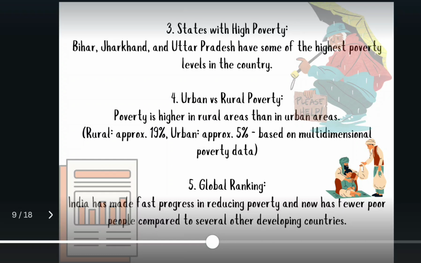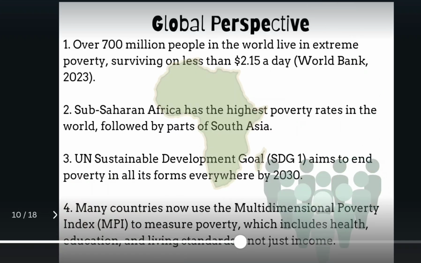Now let's understand the global perspective. Over 700 million people in the world live in extreme poverty, surviving on less than $2.15 a day. Sub Saharan Africa has the highest poverty rates in the world, followed by parts of South Asia.